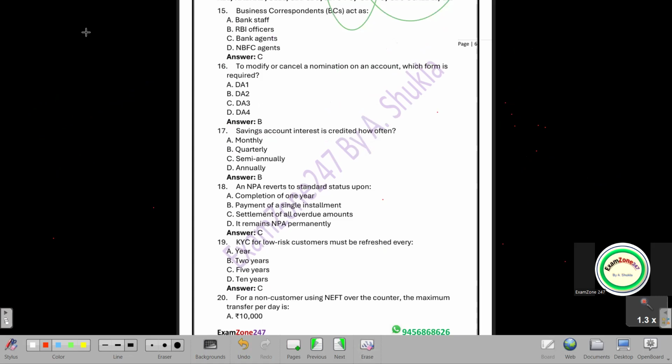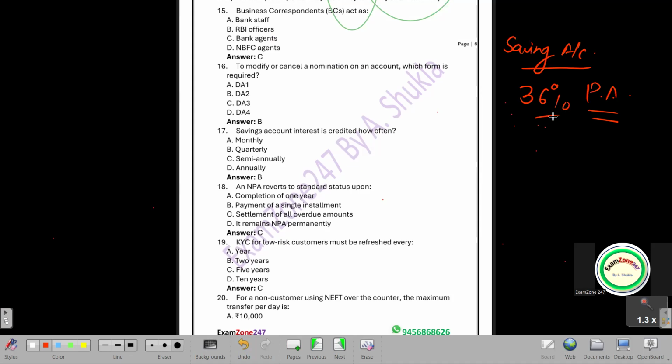Suppose, for calculation, I am taking numbers in such a way that we may divide them clearly. Suppose there is a bank which gives 36% interest rate per annum on a saving account. Simply keep an eye on this, it will be clear.